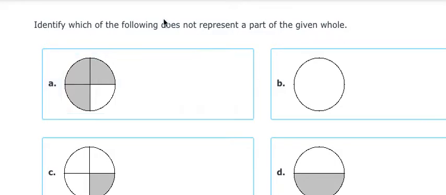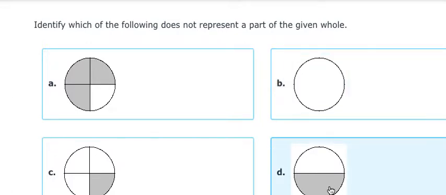Identify which of the following does not represent a part of the given whole. You might be thinking B is the answer, but it represents a whole, and we don't need that. The given whole is B. Then we have to find out which one does not represent a part.